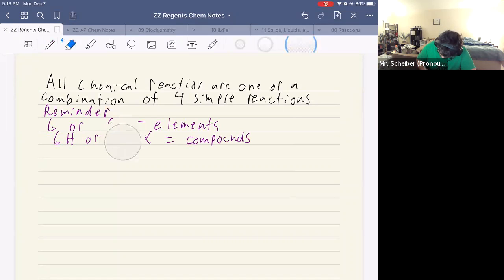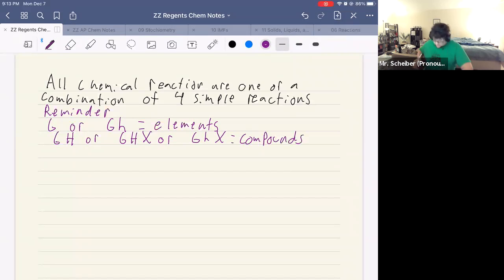I mean, it's still a compound. I'm going to throw one more compound in here, or GHX. These are all compounds. And we can tell that they are compounds because they consist of two or more elements in them, okay? So now for our simple reactions.